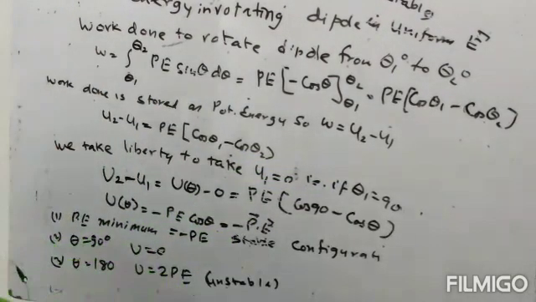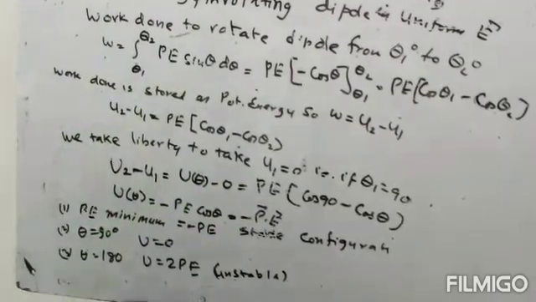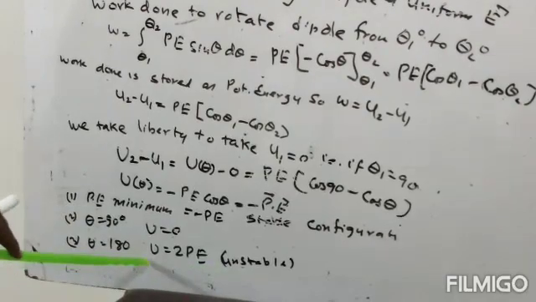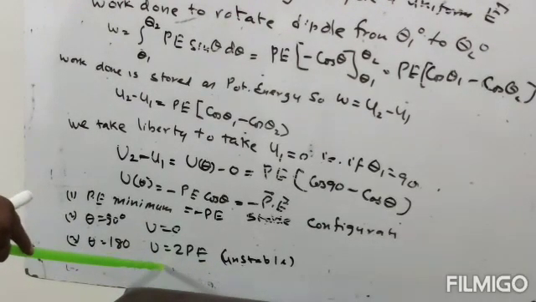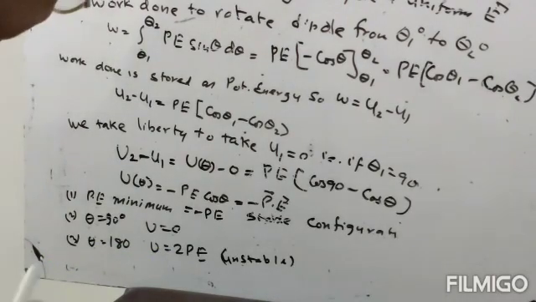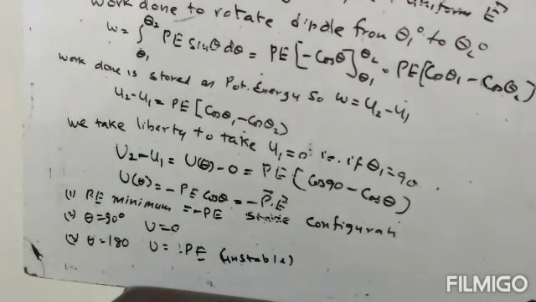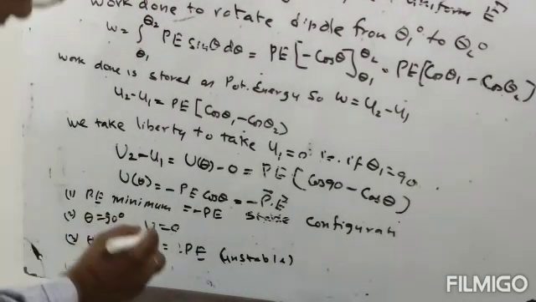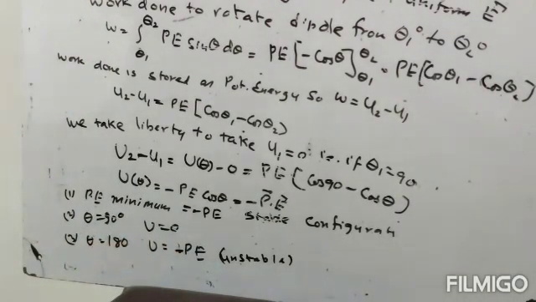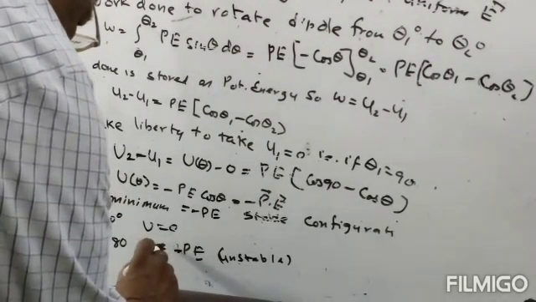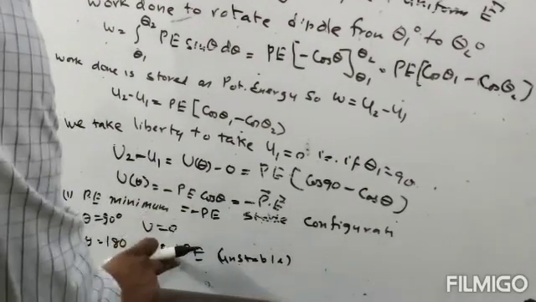When the angle is 180, it means the dipole is anti-parallel to the electric field. Then theta is equal to 180 and cos 180 is equal to minus 1. So this will be equal to minus P into E into minus 1, and this minus and this minus will be plus.